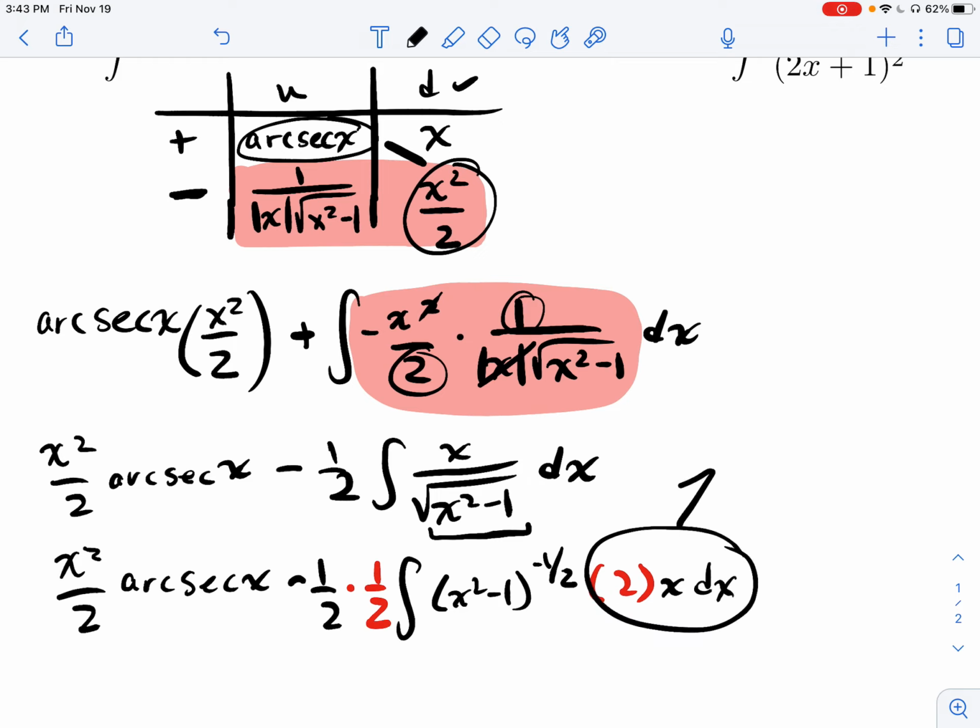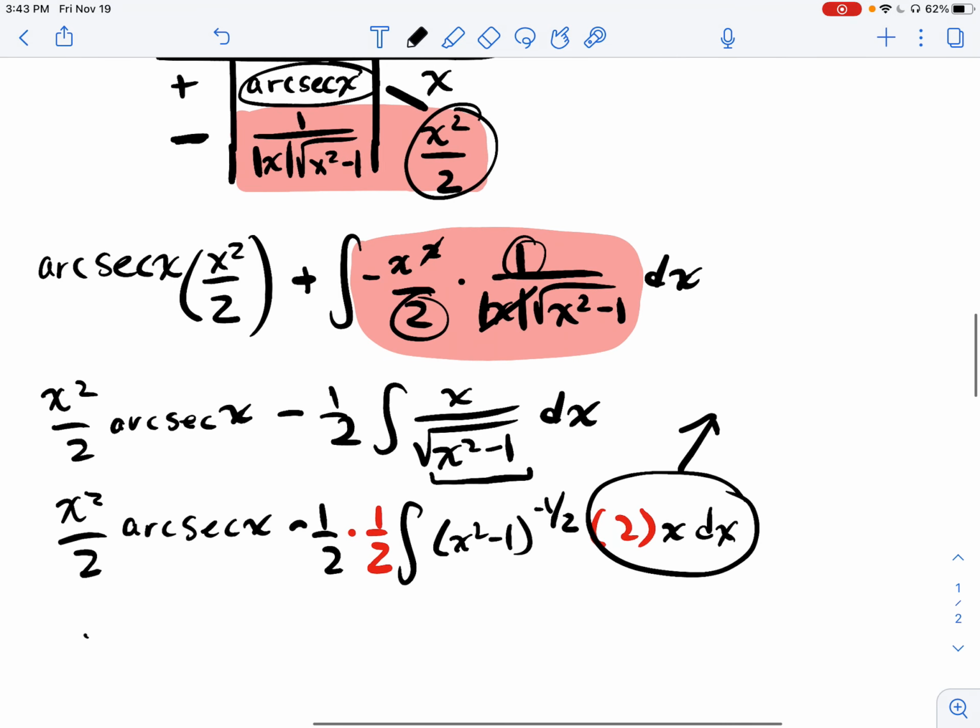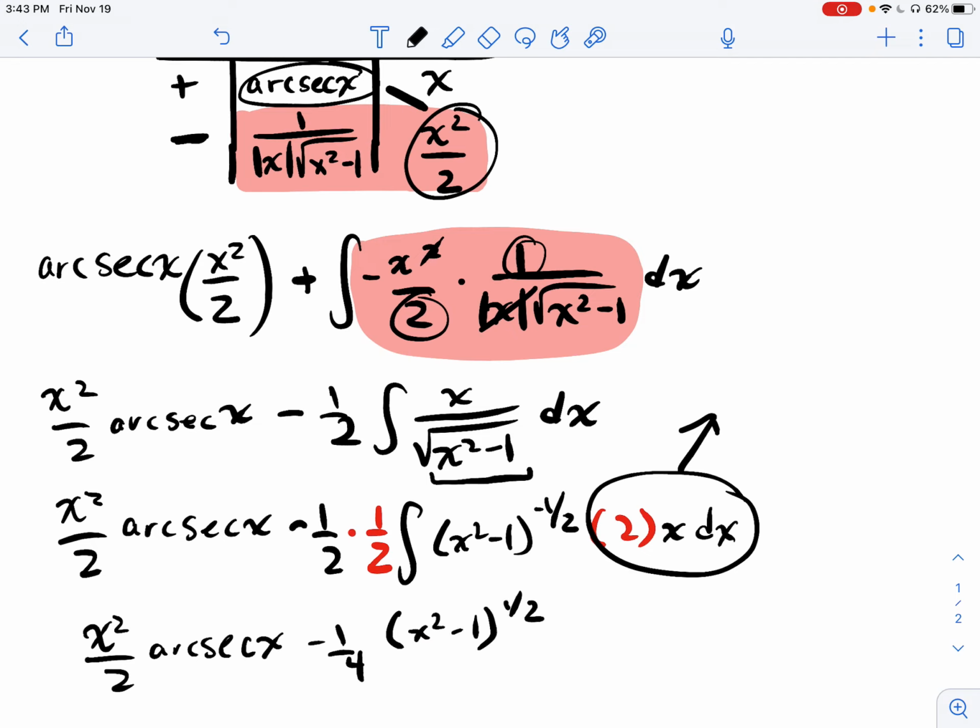And now that I have that derivative of x squared minus 1 in there, I can just integrate x squared minus 1 to the negative 1/2. So that all becomes x squared over 2 arcsecant of x minus 1/4 times x squared minus 1 to the 1/2 divided by 1/2, or times 2. That's the same thing. And there's my integral.